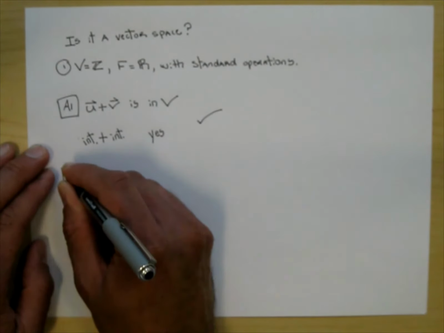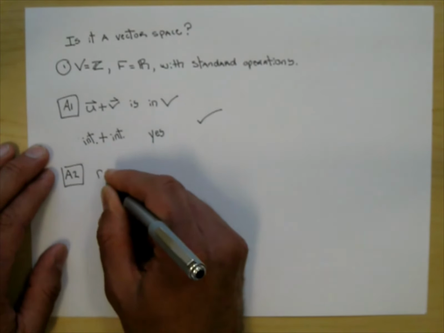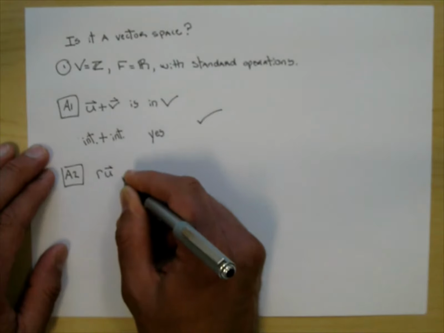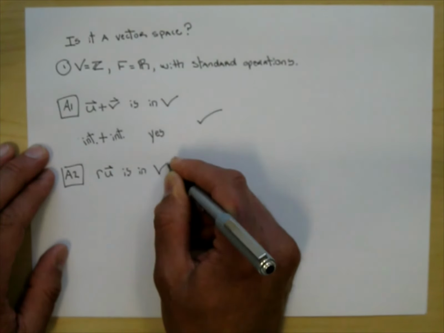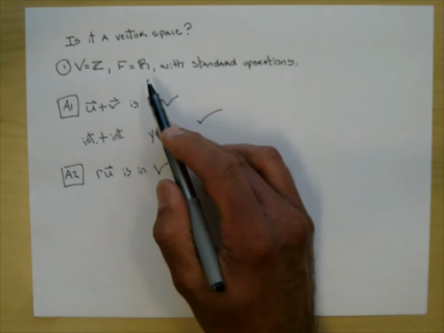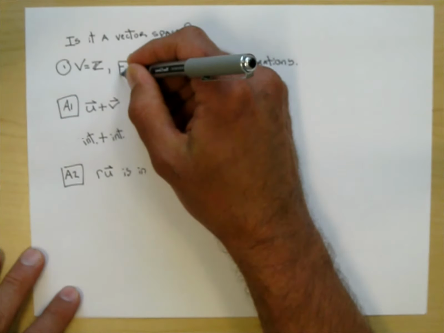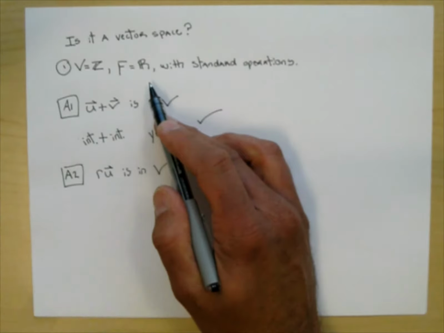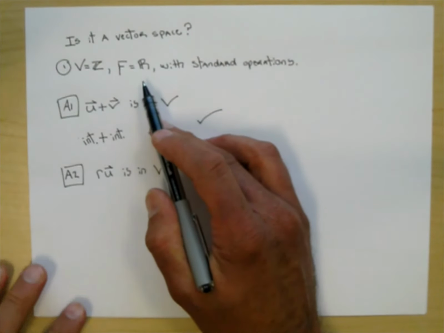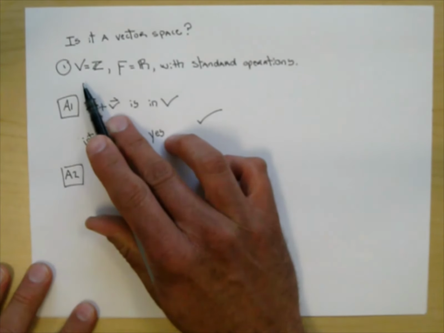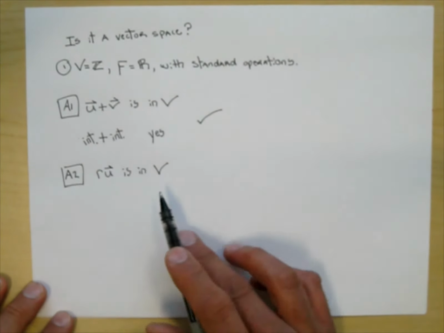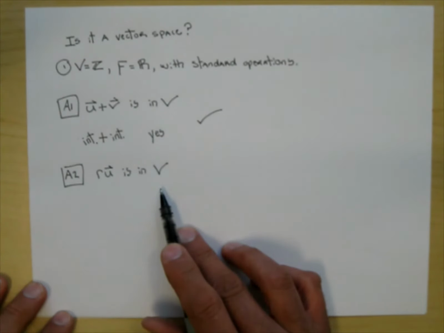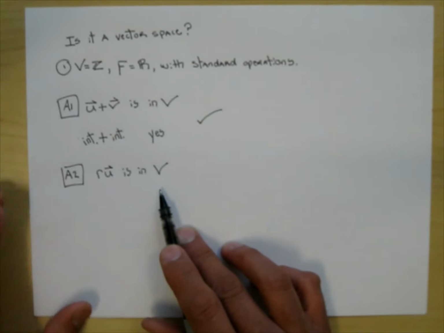Axiom 2 says a scalar times a vector is in the vector space. Now, what are your scalars? Your scalars are real numbers, so that's an F right there. So can you come up with an example of a scalar times a vector, vectors being integers, that ends up not being a vector? The answer is yes, you can come up with many examples.